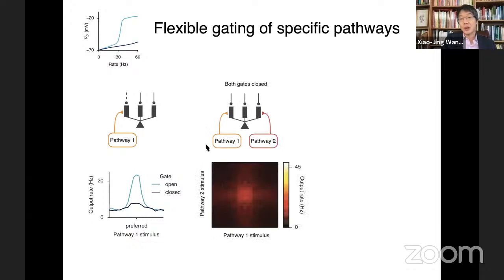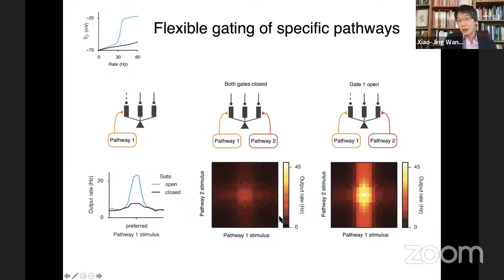By contrast, if both are closed, you will not see any difference for the inputs from each of the two pathways. By opening the gate for pathway 1 but not pathway 2, your response becomes selective for only pathway 1.